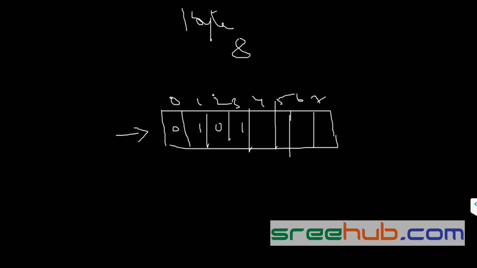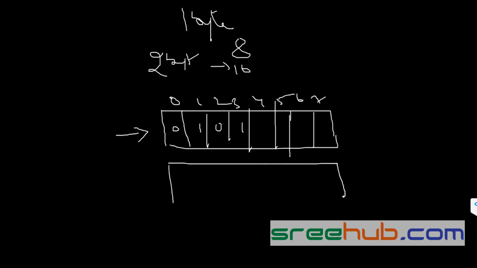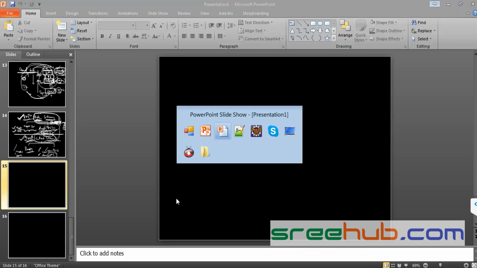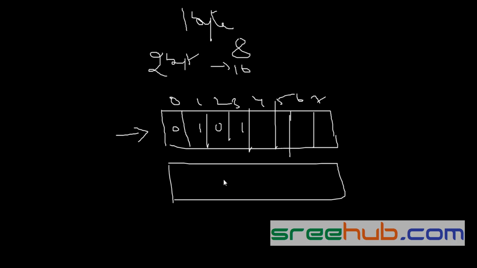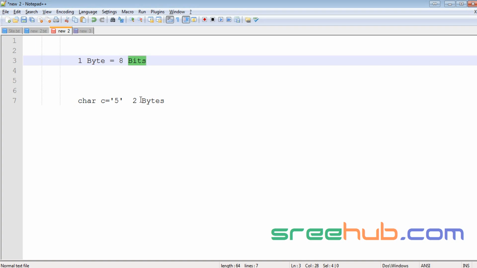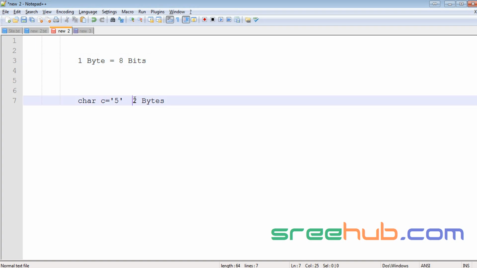Whenever I say 2 bytes, 2 bytes is nothing but 16 bits, which means a 2-byte stack. Your character will be converted into bits and saved in something called c. So this c will be referencing a 2-byte stack where your 5 will be saved. So that is nothing but memory.